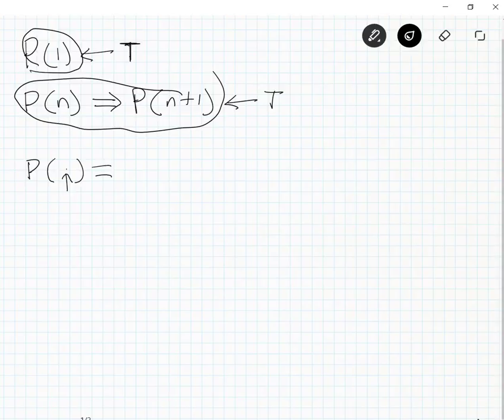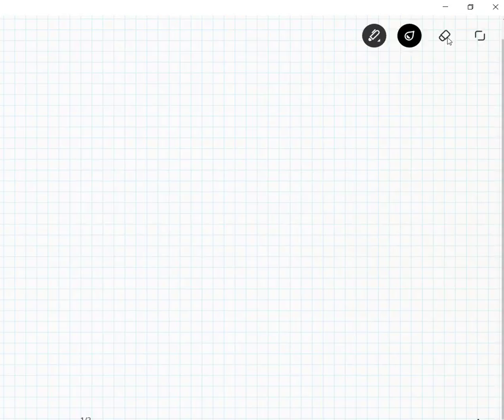That's going to be true always, no matter what number you put in here. And what I just said is the principle of mathematical induction.